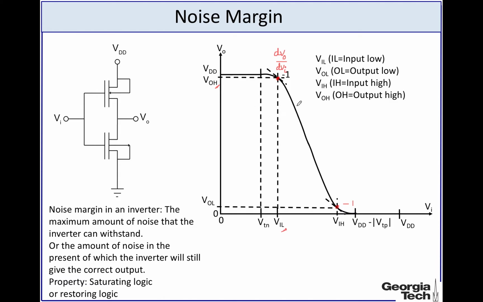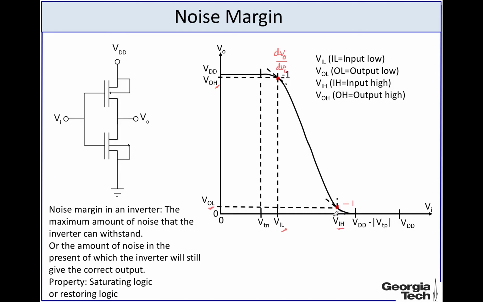And by looking at this inverter, you can clearly see that a much larger variation in the input voltage is translated into a much smaller variation in the output voltage. And this essentially again says that the effect of the noise is nullified by the action of the inverter. Similarly, at this point over here, the input voltage is VIH and the output voltage is VOL.